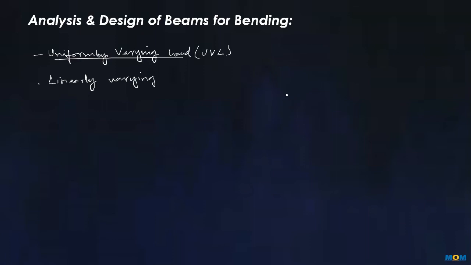Let's say we have a beam AB, and here we have a load that is linearly varying.